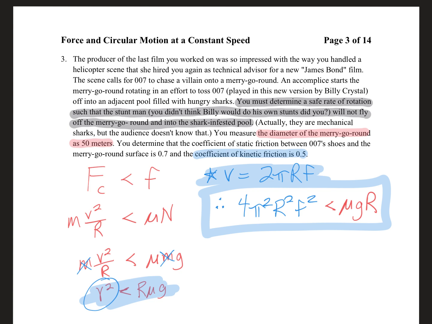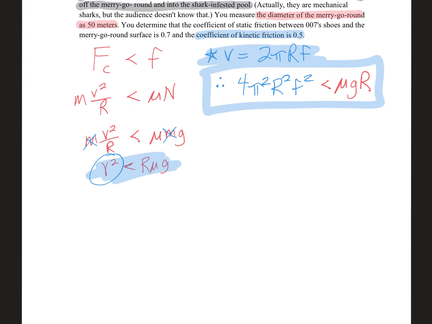So we have all that, and what we can do is, if you basically solve for the frequency, all right, frequencies will be less than, if I have a frequency, which we're going to turn into an RPM kind of thing, that's why we're doing it this way, would be the square root of mu g over 4 pi squared r.